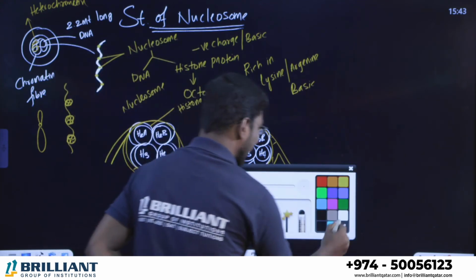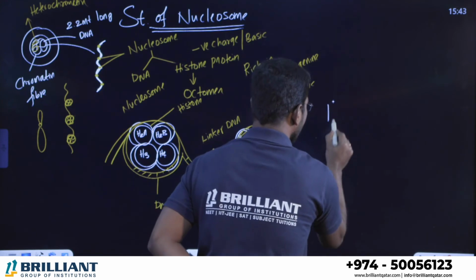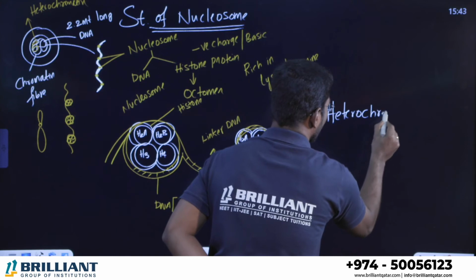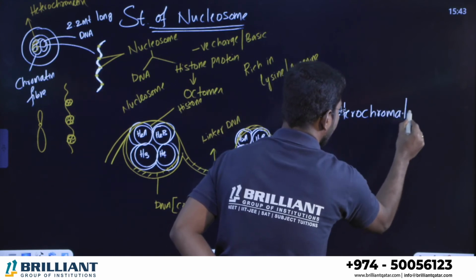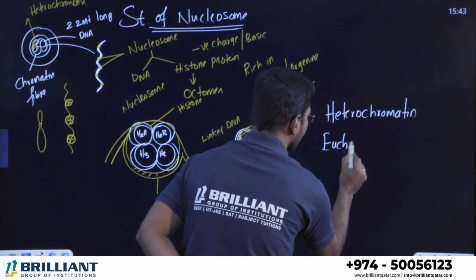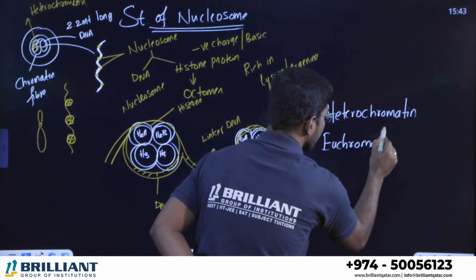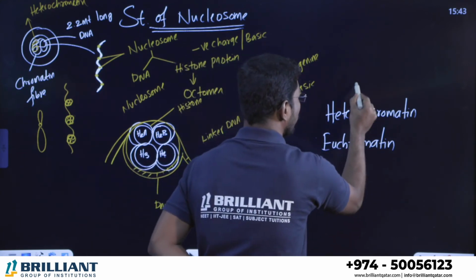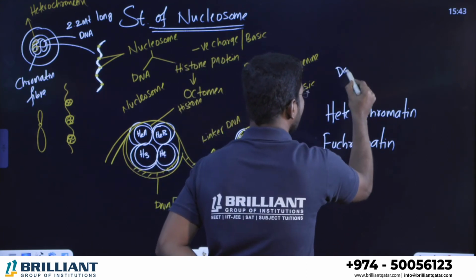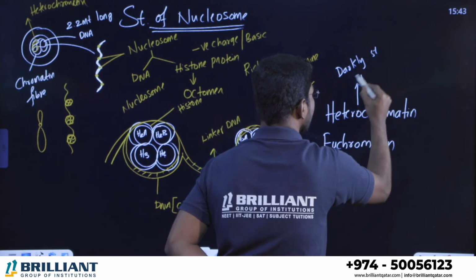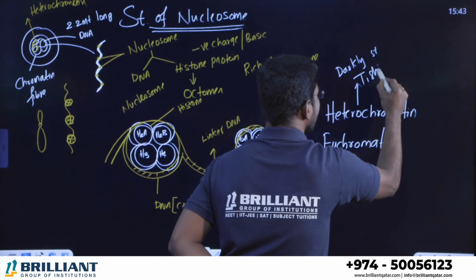So let me write here what heterochromatin is. First one is called heterochromatin. Second one is called what? Tell me. Euchromatin. So first one is called heterochromatin. Heterochromatin is that chromatin which is darkly stained and present tightly.